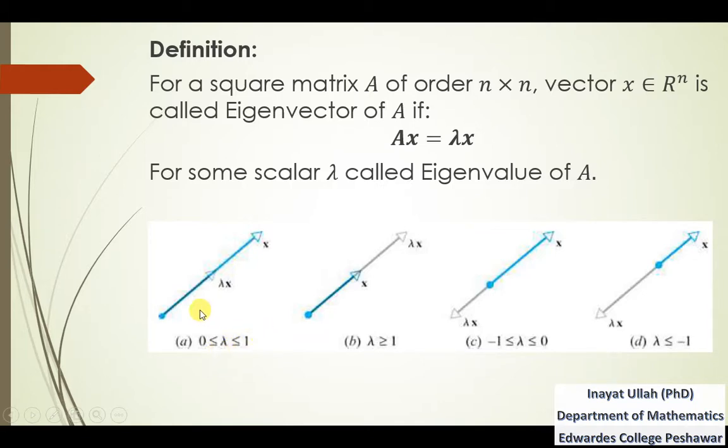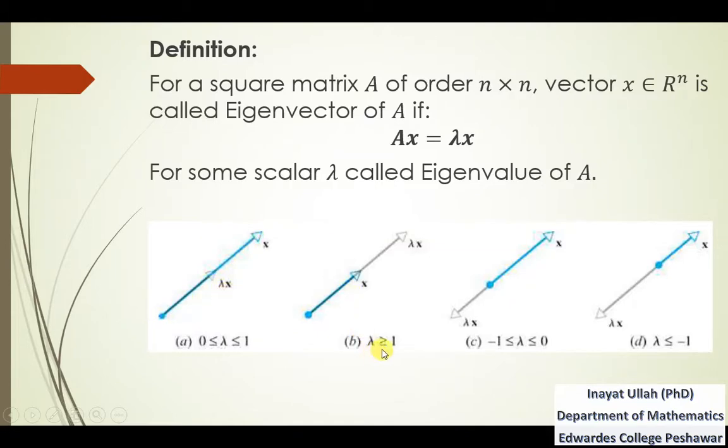This is the length of the original x, and whenever you multiply lambda with x, and lambda is less than 1, it will reduce the size of the vector x. Whenever lambda lies between 0 and 1, it will reduce the size of the original vector.